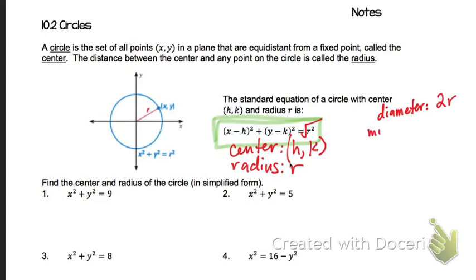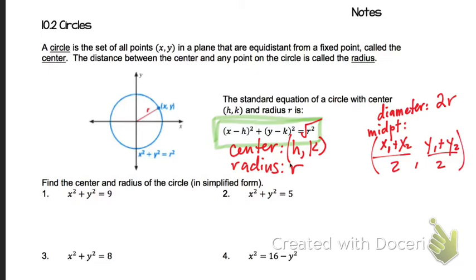Midpoint formula. Just the midpoint of the two, like the x's divided by 2. So (x1 + x2) divided by 2, and (y1 + y2) divided by 2.